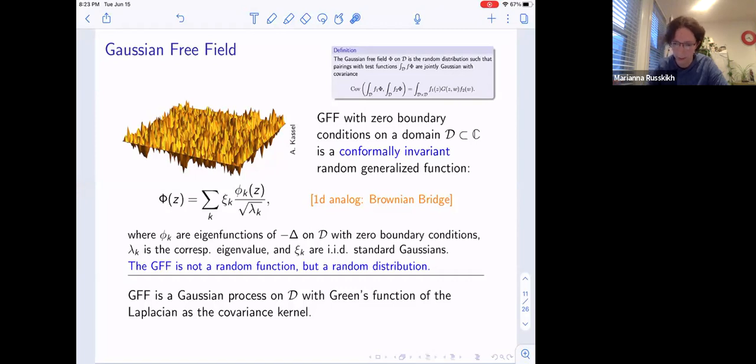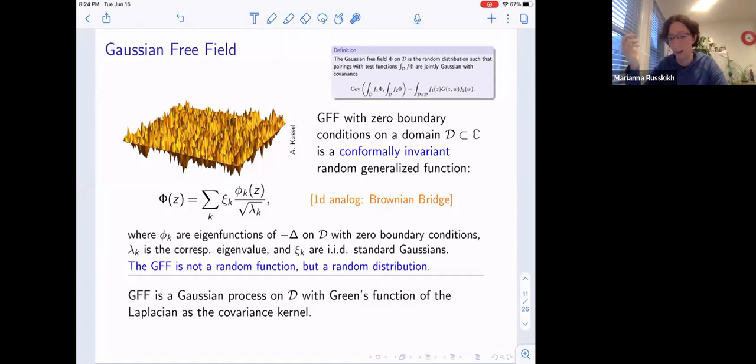More precisely, the Gaussian free field is a Gaussian process with a covariance kernel given by the Green's function of the Laplace operator. Note that the two-dimensional Gaussian free field is a random generalized function or a random distribution, so it's not a random function. So the value at a point is not really defined.